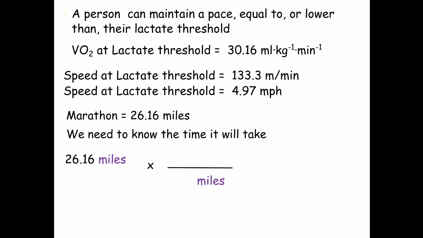We need to convert this to hours. So miles will cancel out, and we know that he's running at a pace of 4.97 miles per 1 hour. Miles cancels out, and we're going to get our answer in hours. So if we take 26.2 miles, divide by 4.97, we get an answer of 5.26 hours.